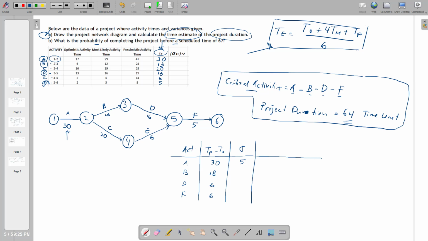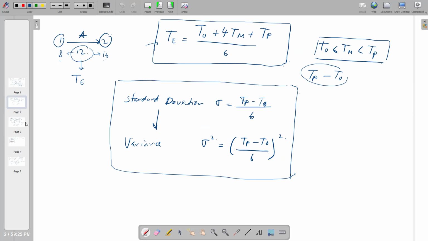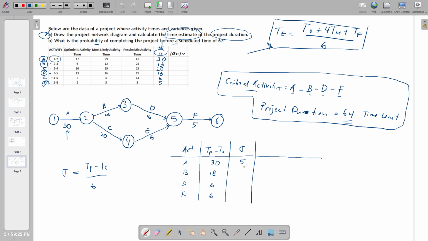Standard deviation is TP minus TO divided by 6, correct? So 30 divided by 6 is 5, 18 divided by 6 is 3, this one will be 1, and this one will be 1.